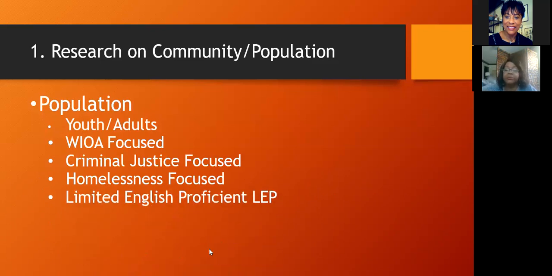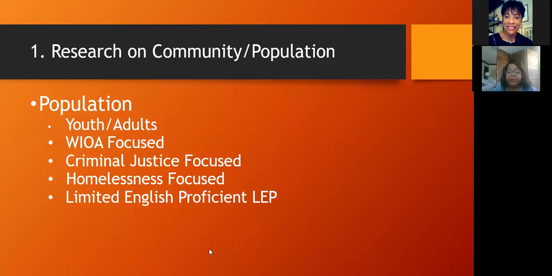Another population group are the LEP population, or the limited English proficiency, so to speak. Again, there are numerous funds available for serving this population group, and there are quite a bit of support groups that lend the education support, the networking that's needed. So if this is a population group that you're looking to serve, again, do your research on your population, research on your community, knowing who these individuals are.